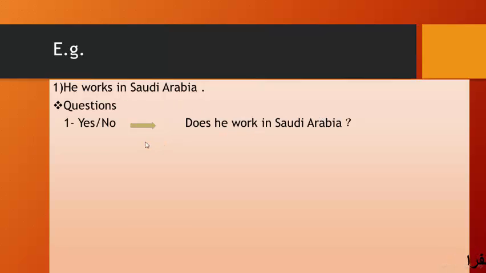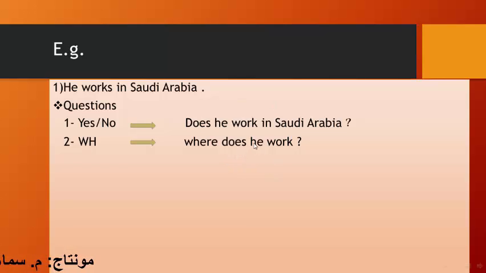But what if we want to make a WH question? Where does he work? We put the question word where, or another question word, then the helping verb does, the subject pronoun, and the verb.